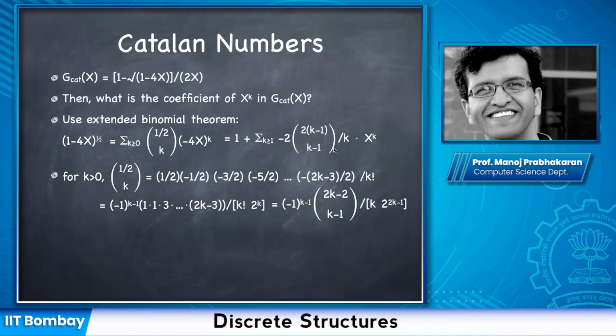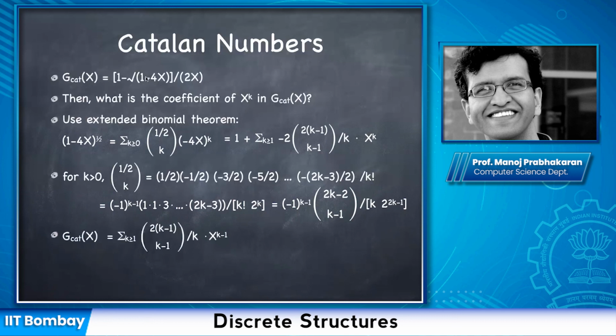So this is the final expression for square root of 1 minus 4x: 1 plus summation k greater than or equal to 1 of this quantity with x to the power k, its coefficient being this. Okay. And now I can substitute this back into the full expression for the generating function.